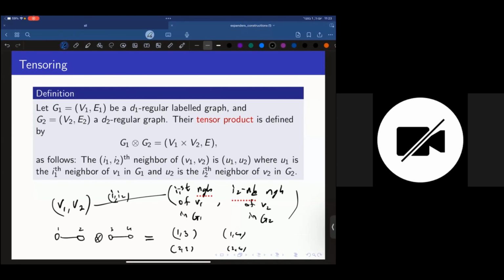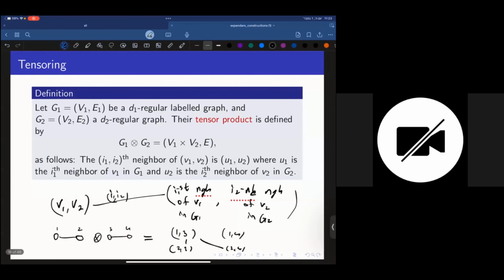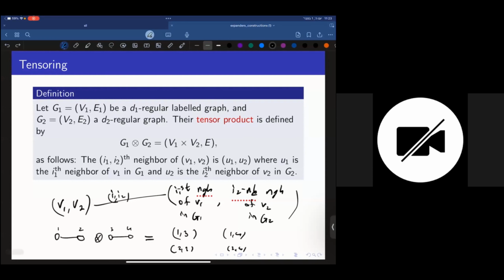And then you will have, right, everyone is the first neighbor of everyone, just because there is one. So let's just say who is connected in these 4 vertices. (1,3) and (2,4). No, (1,4), (1,2).